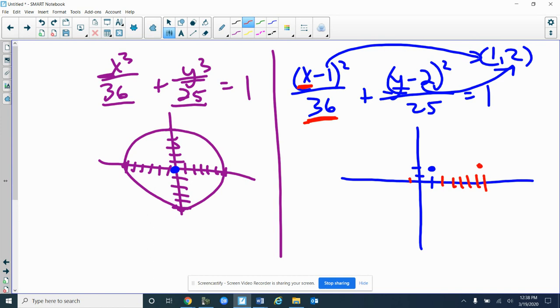To the left, 1, 2, 3, 4, 5, 6 units and put a dot there. I'm going to go up and down 5 units on the y-axis, up 1, 2, 3, 4, 5 from this point, so that's here, and down 1, 2, 3, 4, 5 here. So now my ellipse looks very similar to that first one, except it just got shifted 1 to the right and 2 up.